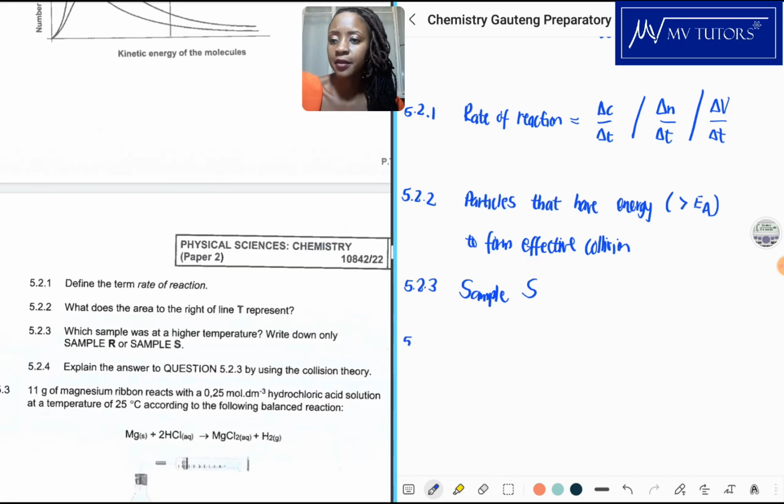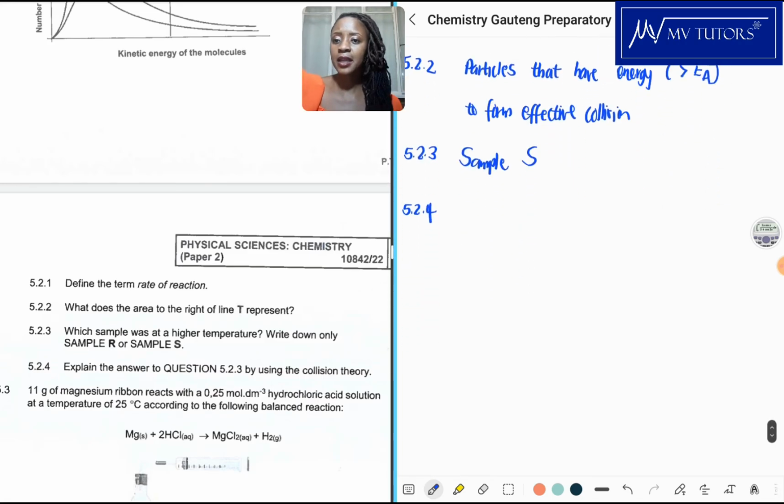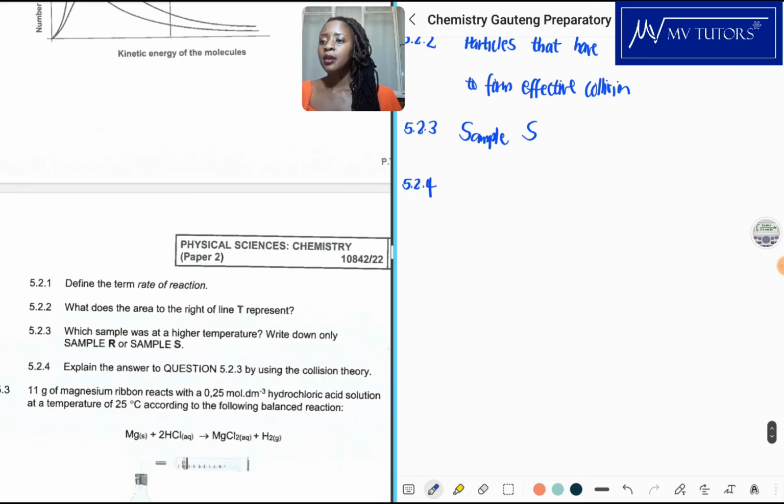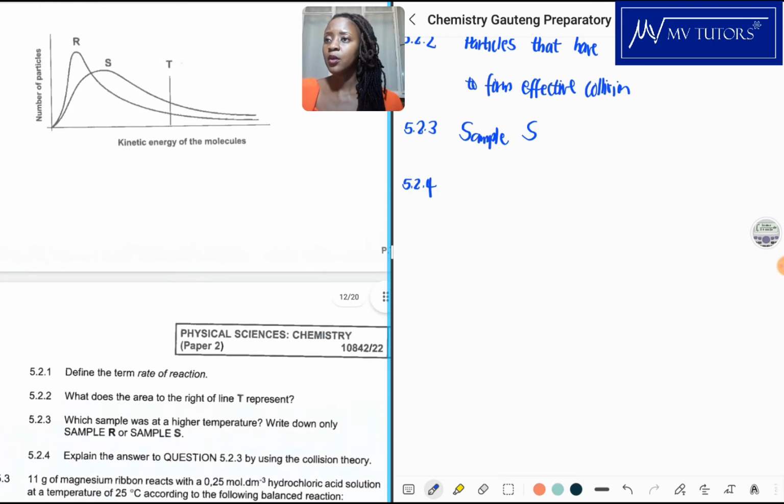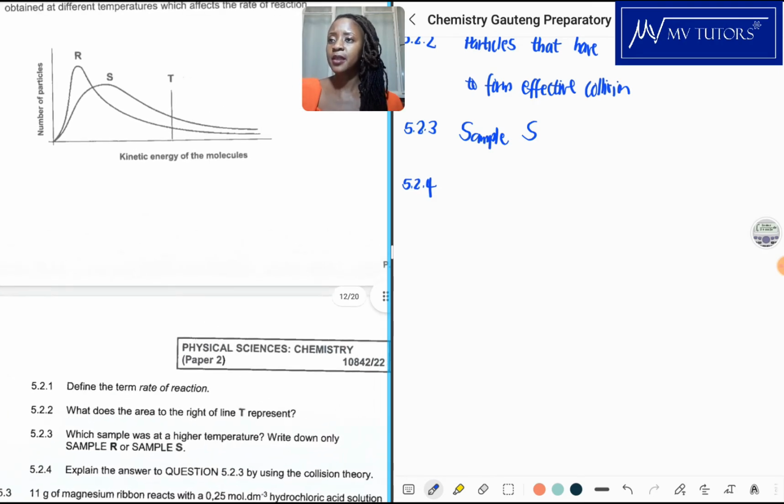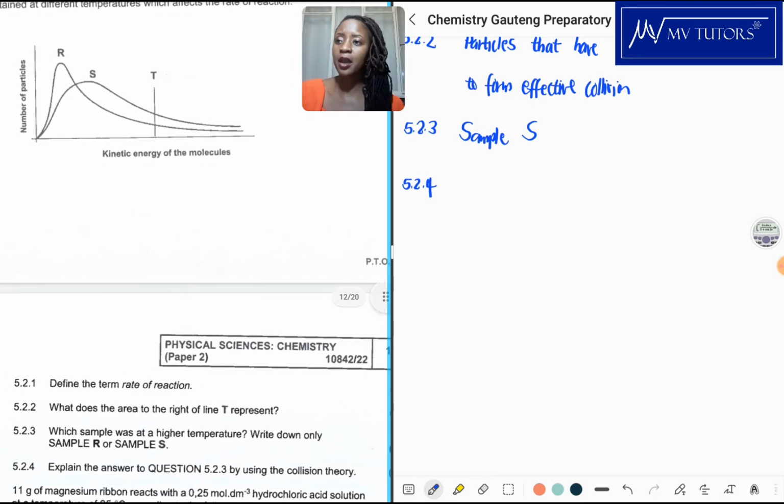And then 5.2.4, it says explain the answer to question 5.2.3 by using the collision theory. Okay, so we know that S is the one with the higher temperature. How do we know that? We said the area to the right of line T is bigger. And how did that occur?